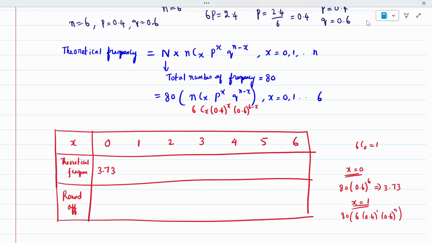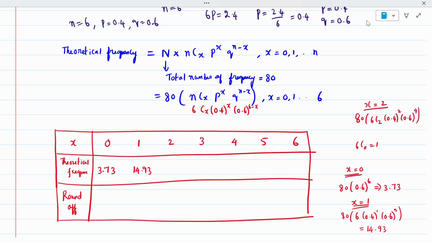Calculate this in a calculator, and I am getting the answer 14.93. In the same way, for x equal to 2, 80 into 6C2, which you use in the calculator only, into 0.4 the whole squared into 0.6 the whole power 4.